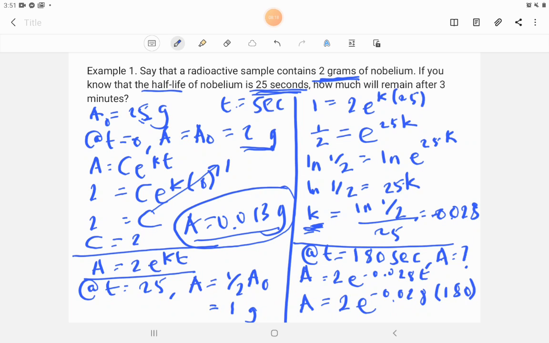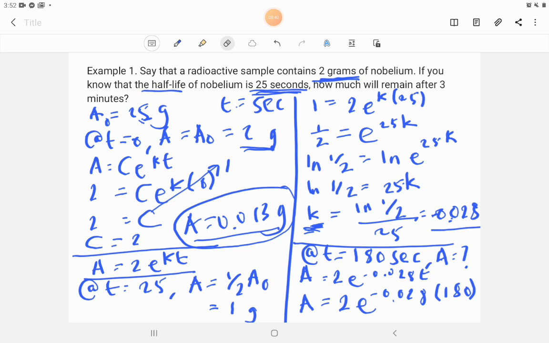So it will be negative 0.028 substance per second, and the unit in nuclear physics is what we call the becquerel.